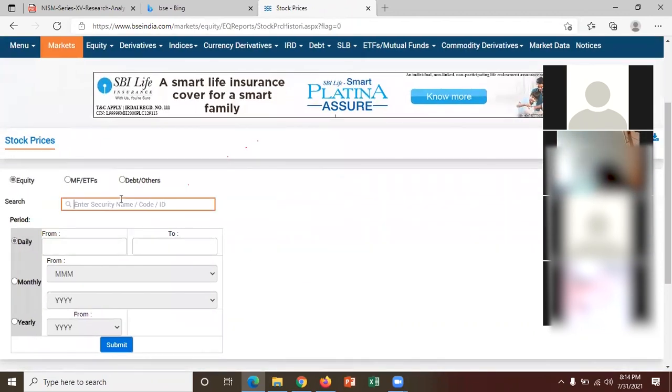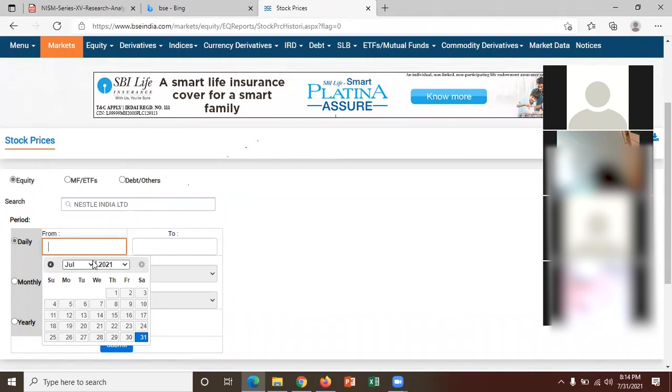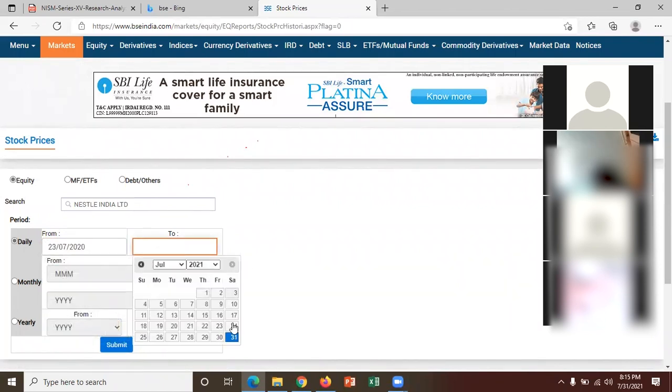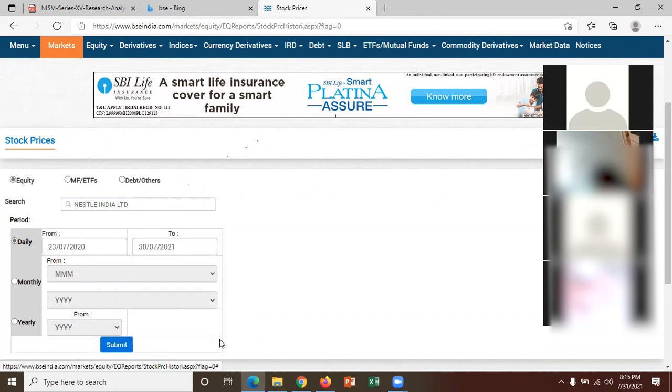You just need to enter the name of security, let's say Nestle. From date, for example, I want from July 2020. Now you can select your frequency also, whether you want the data to be downloaded on the daily basis or on the monthly frequency or on the annual basis.